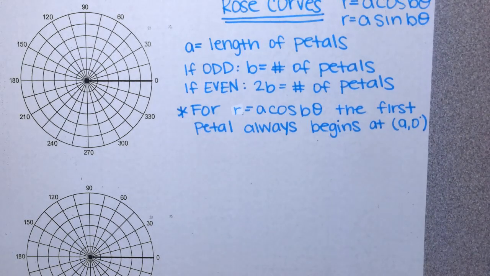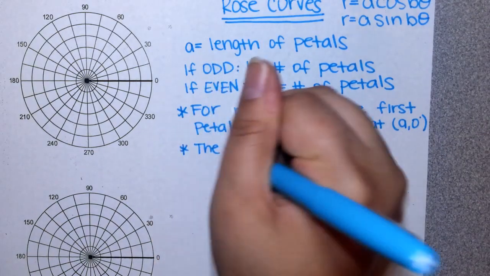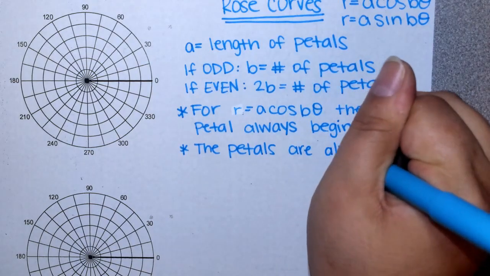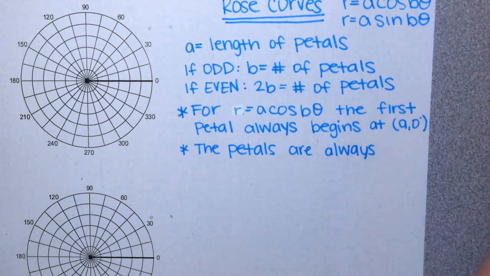If you look, let's write this down. Last thing I need you to know. The petals are always how far apart? No, that's the length of the petal. How far apart are they going to be? 3, 4, 5?